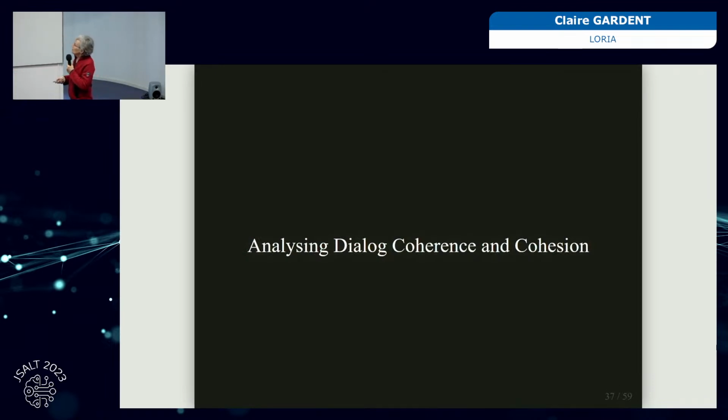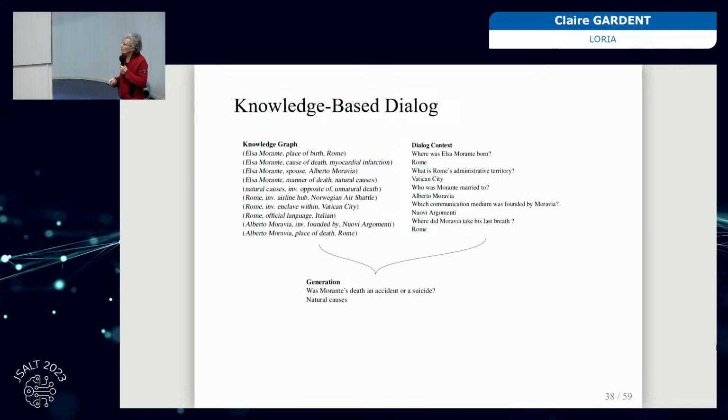Okay. So in the second part of the talk, I wanted to talk about conditional generation for dialogue. Again, how can we better understand and explain the behavior of a dialogue model, and specifically how this behavior impacts the coherence and the cohesion of the generated dialogue?